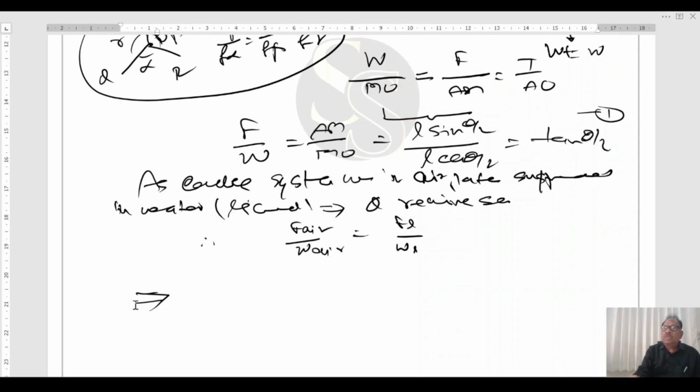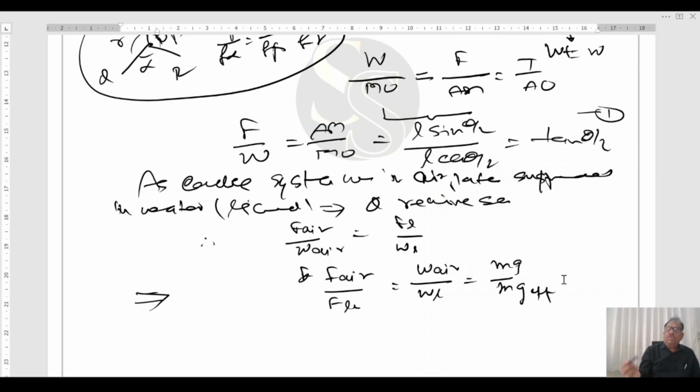In that case, F air over F liquid will be equal to W air over W liquid. That is M into G over M into G effective. Whenever anything is dipped in liquid, weight will be slightly decreased, and that will be the apparent weight according to the Archimedes principle.